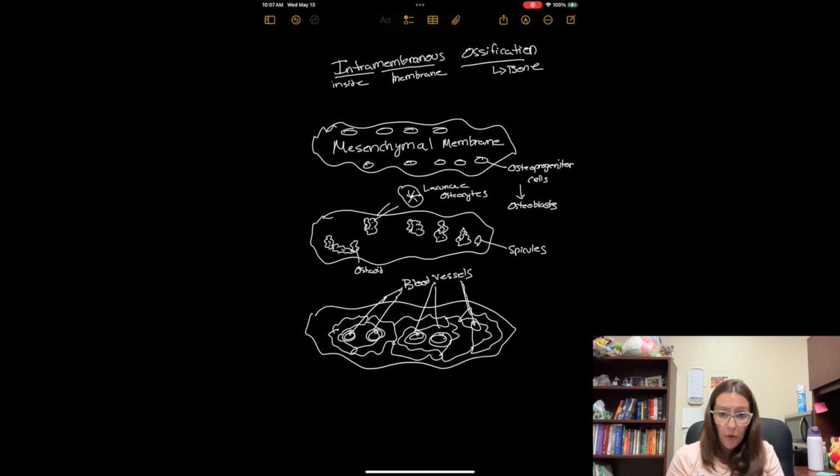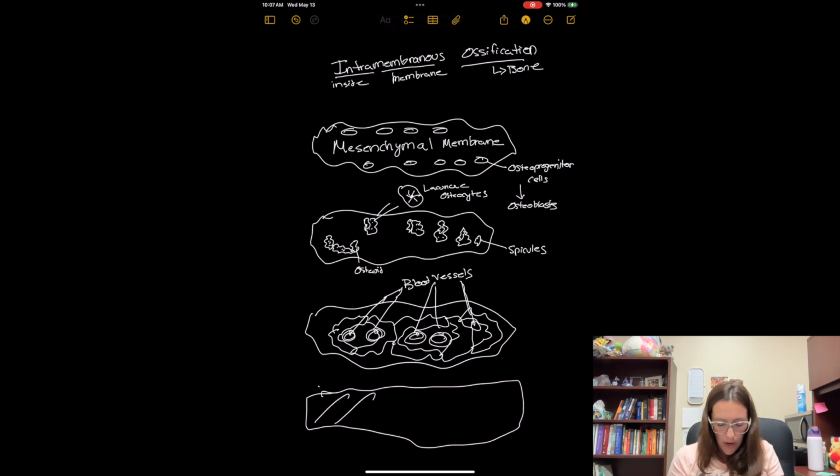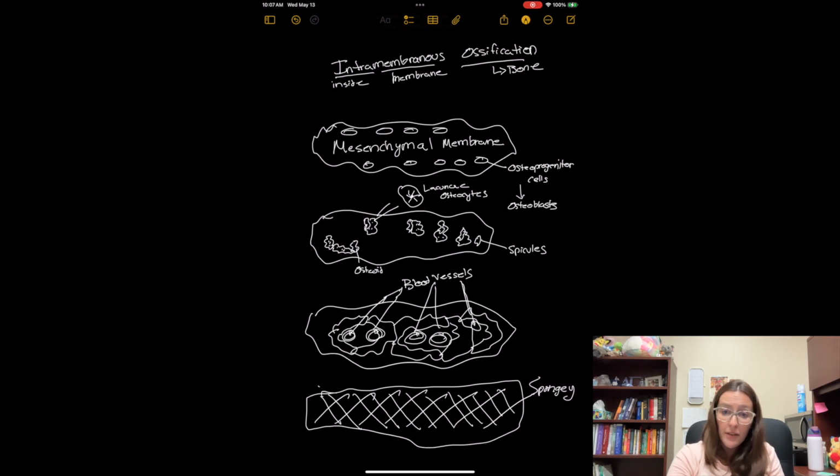So as they need more support, they're just going to naturally trap the blood vessels in place. And then eventually we'll be able to remodel and build a nice bone. And so I'll have a nice little flat bone here, which will be primarily spongy bone, just by the nature of how this bone grows. So we'll still have mostly spongy bone by the end of intramembranous ossification.